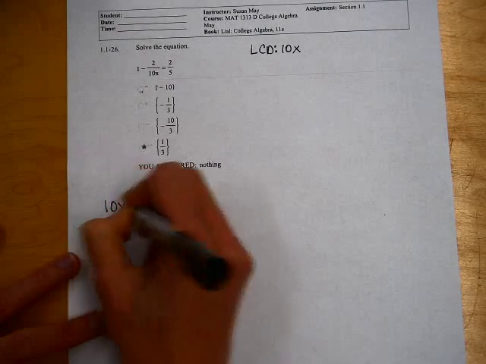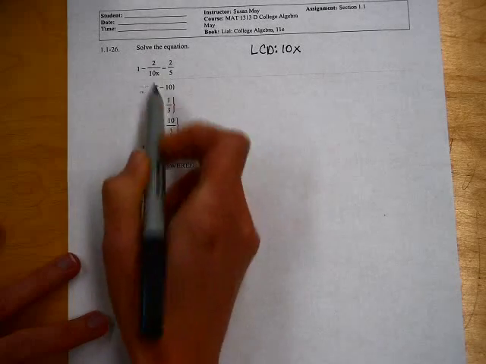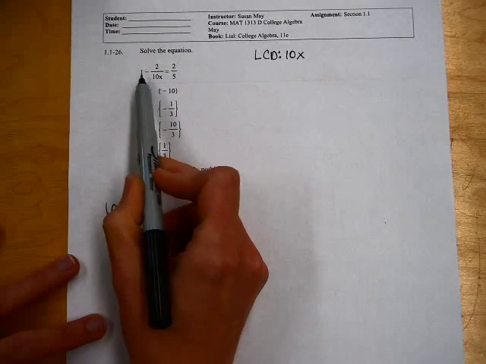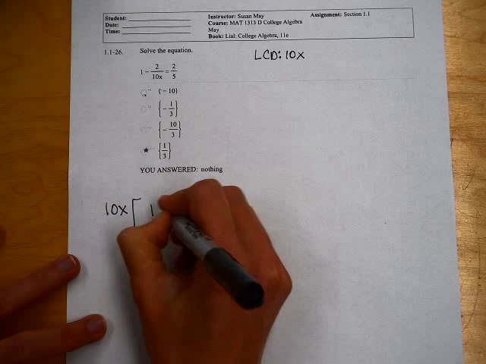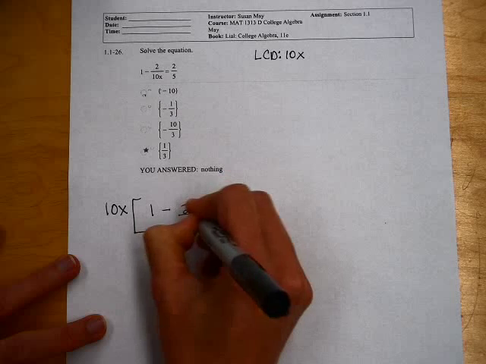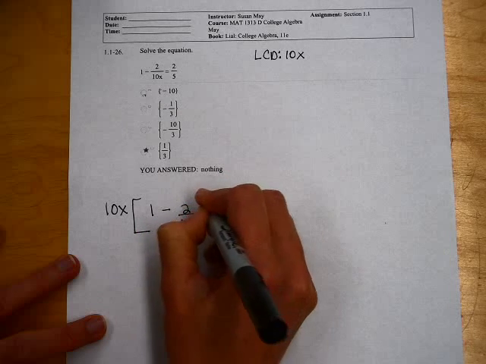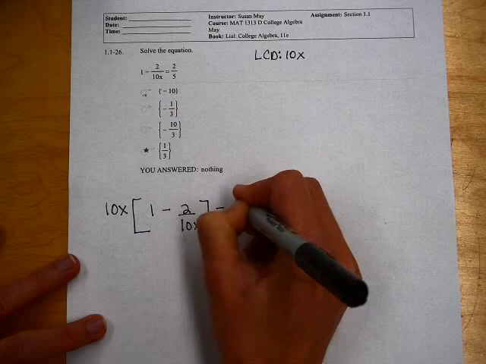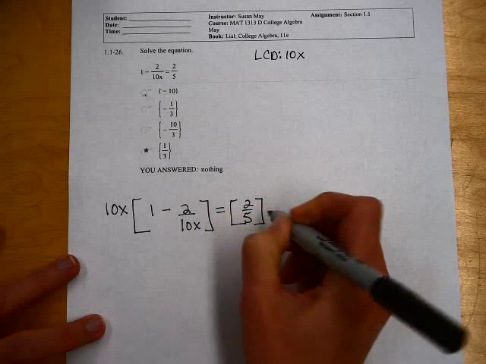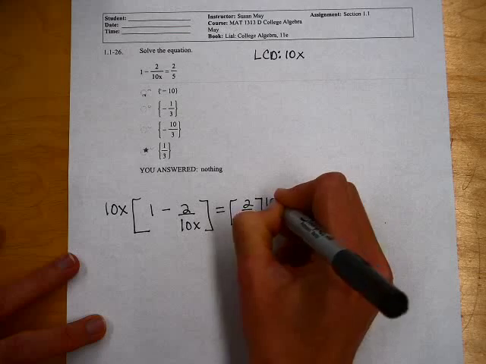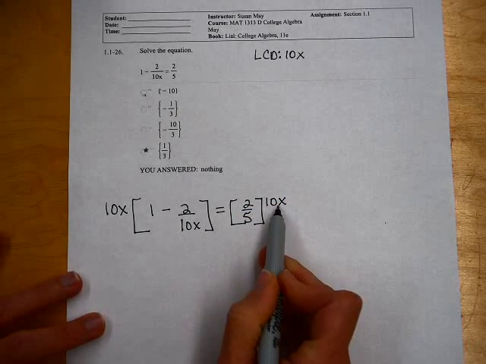So I would have 10x times, and I put my left side of my equation, 1 minus 2 divided by 10x equals, and again, I have 2/5 here on the right side of my equation, and I have to multiply the right side of the equation by 10x as well.